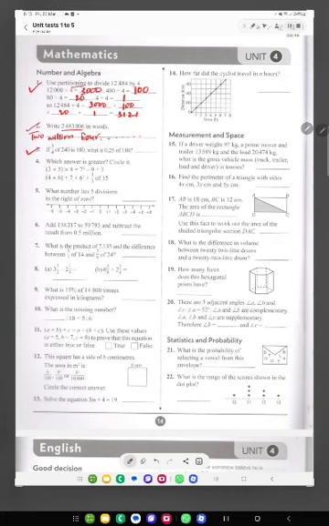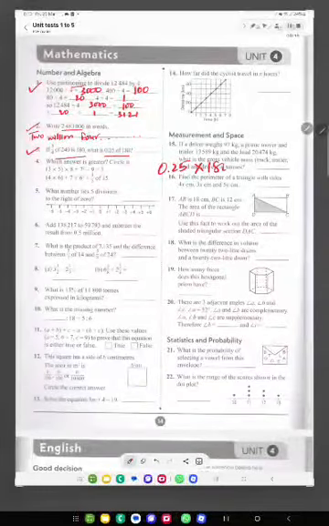In this, they're saying 3/4 of 240 is 180. What is 0.25 of 180? Just calculate 0.25 of 180. Whenever you see "of", you have to multiply. You know how to multiply decimal numbers.